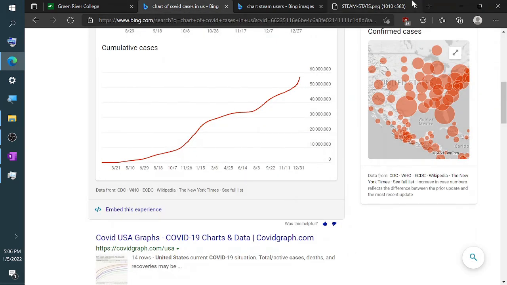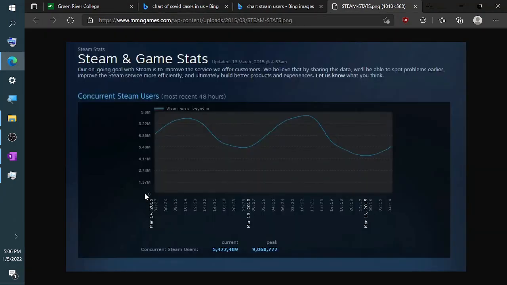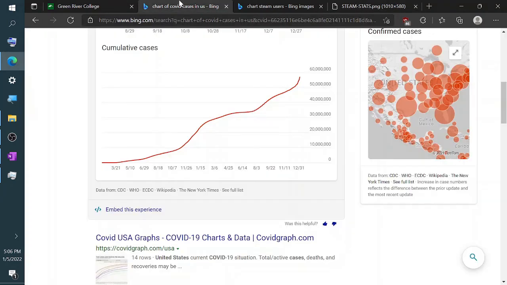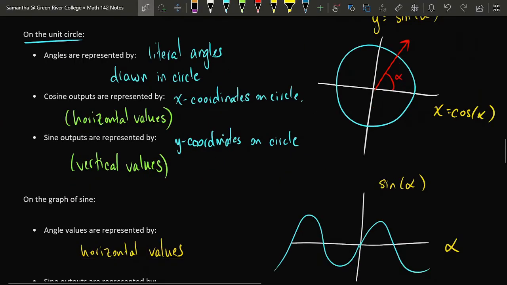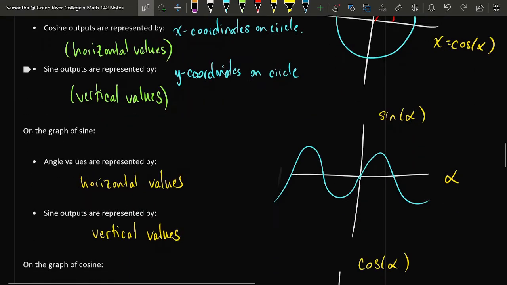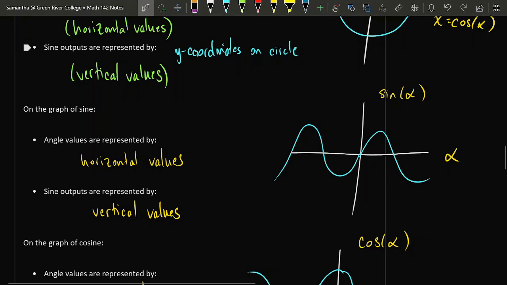And the values on the vertical axis no longer represent how many people are playing this game, now they represent how many people have come down with COVID. And that's what we're seeing here. Two visual representations that are a little bit similar in nature, but they are two totally different charts. The meaning of the stuff on the horizontal axis in each chart is different. The meaning of the stuff on the vertical axis in each chart is different. So be careful about that.